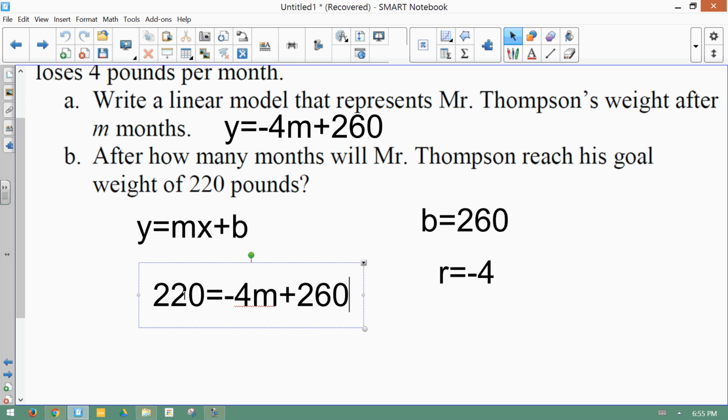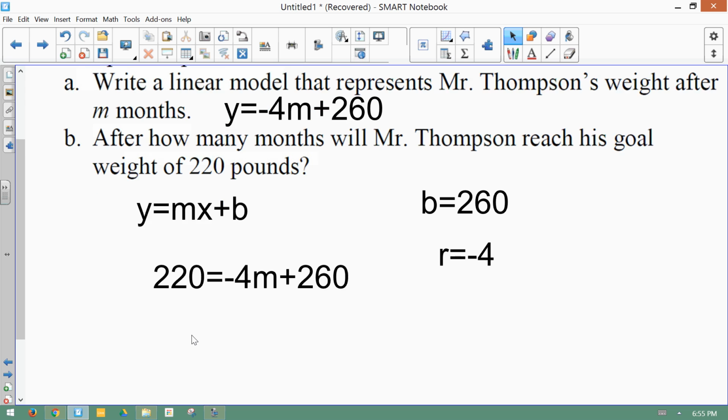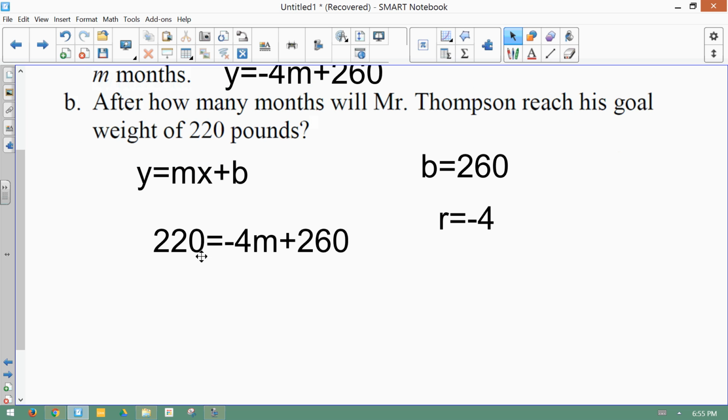We can solve this in a traditional way. We need to get our M by itself. Well, let's subtract 260 from both sides.